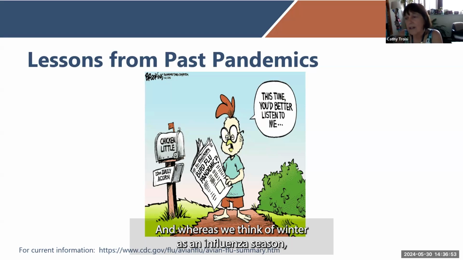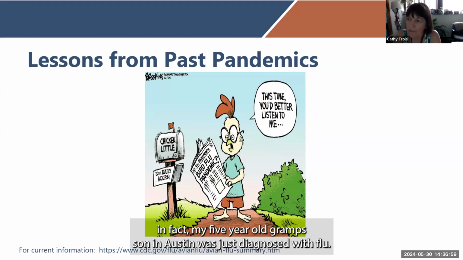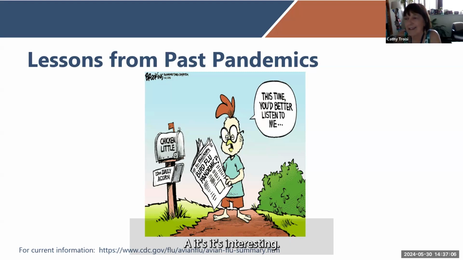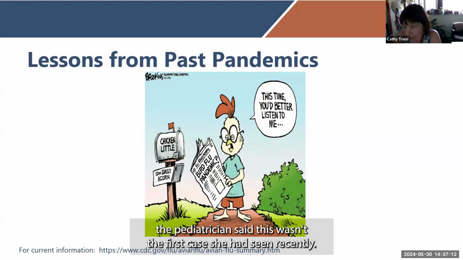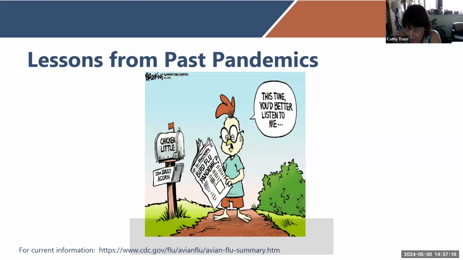And whereas we think of winter as an influenza season, that's not always the case. In fact, my 5-year-old grandson in Austin was just diagnosed with flu A. It's interesting. Of course, they don't test for H5N1, and he hasn't been around cows, but you wonder. And the pediatrician said this wasn't the first case she had seen recently.